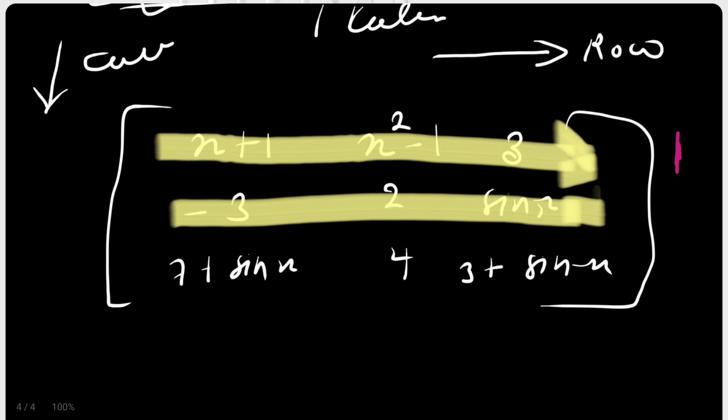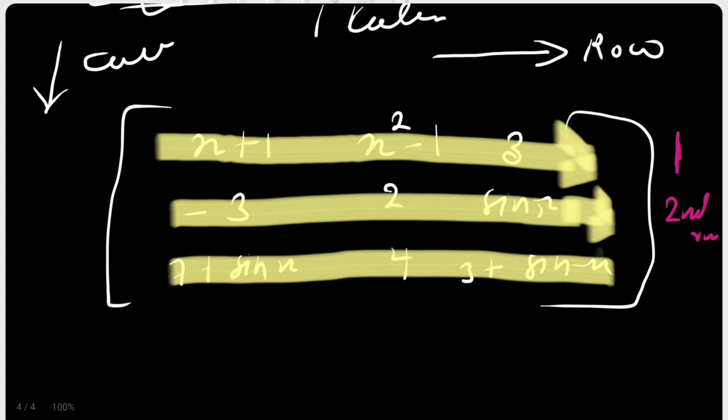Yes, that's also going that side, so this is our second row. Then this number is also going that side, so it is our third row.